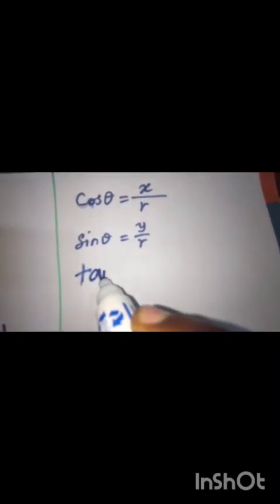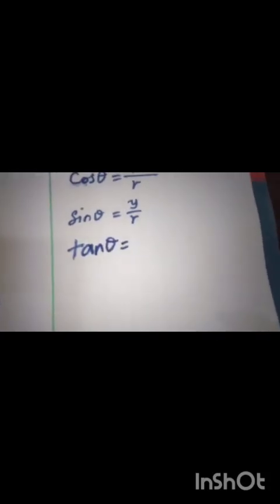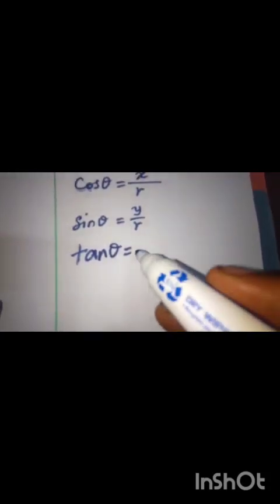Cos theta is adjacent divided by hypotenuse, which is x divided by r. We equally have tan theta. Tan theta is opposite over adjacent, and from our diagram the opposite is y, the adjacent is x. So tan theta is y divided by x.